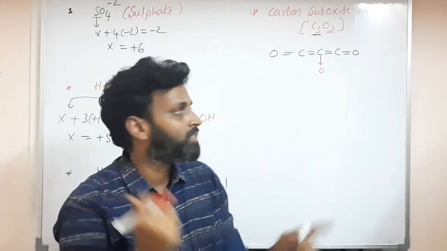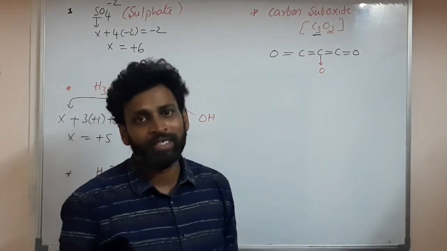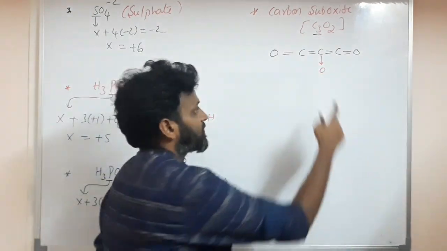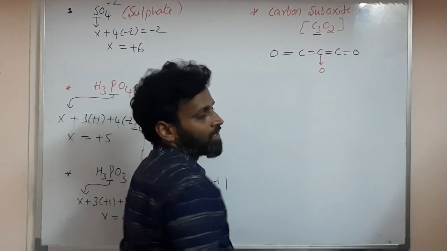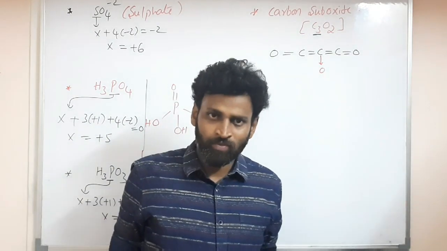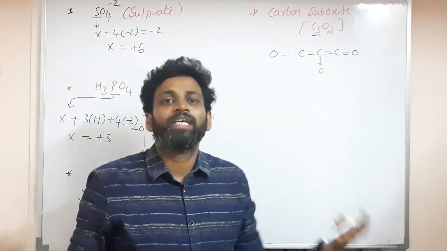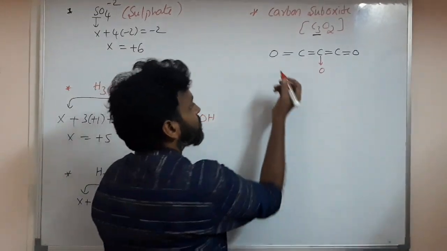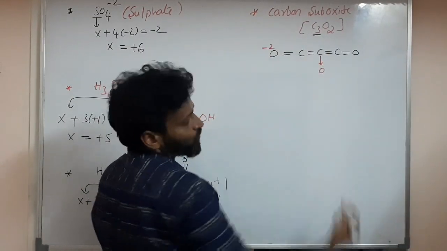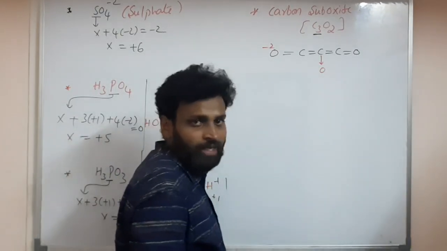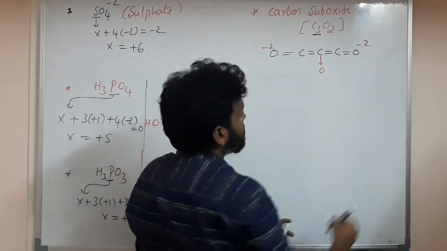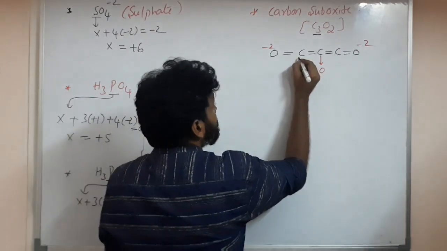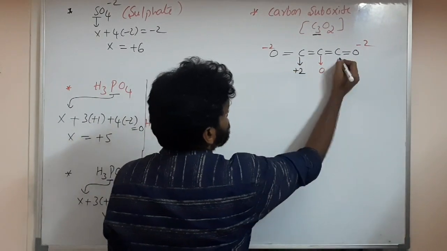Same type means zero oxidation state. This adjacent is carbon, adjacent is carbon, no exchange of electrons, equal. So this carbon is 0. This oxygen is -2, double bond O means -2. This oxygen is -2, so this carbon is +2.